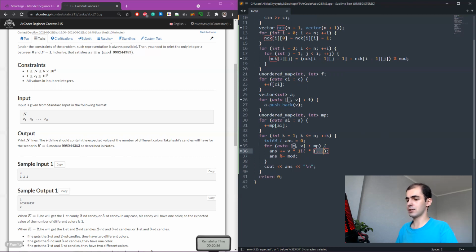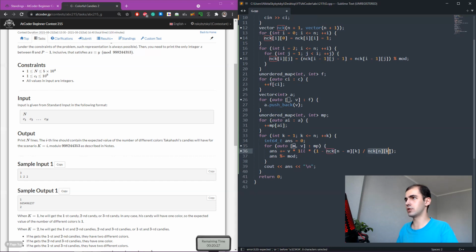Well, it's not hard to see that the probability is 1 minus n minus m choose k divided by n choose k. That's overall what we have. Now these are the bad values, so we have to subtract that probability from 1.